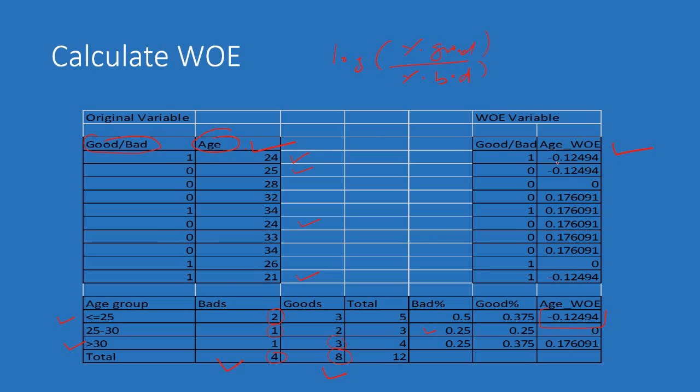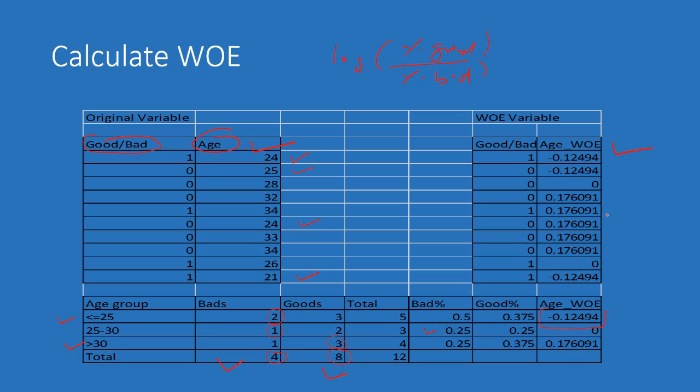So we have just replaced the value with minus 0.124. Similarly, for the next observation, the age is 25, and we have replaced it with the same WOE value, minus 0.124. The next one is 28, so we have replaced it with 0, because the WOE value for the age group 25 to 30 is 0.